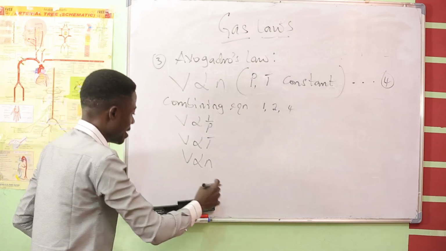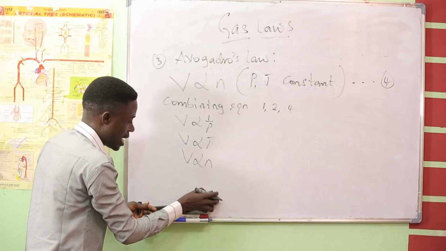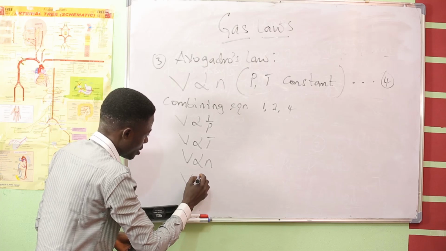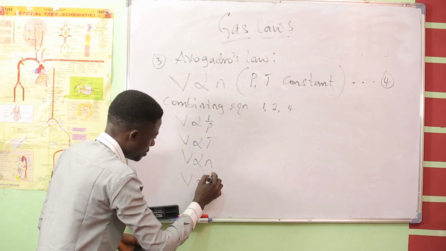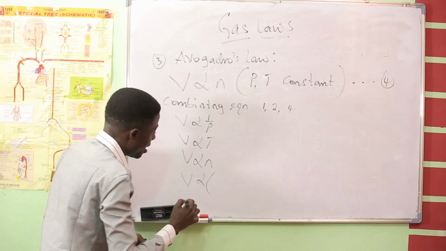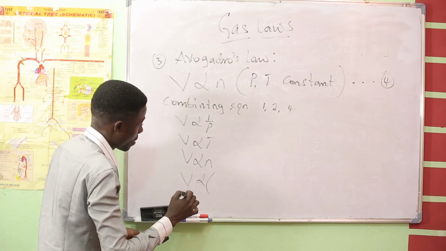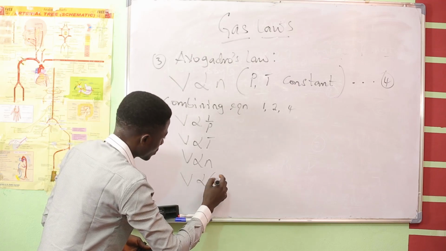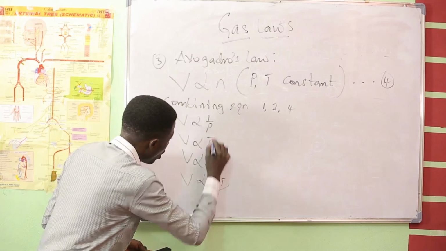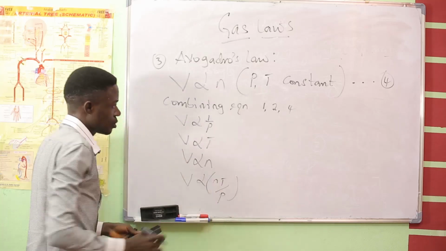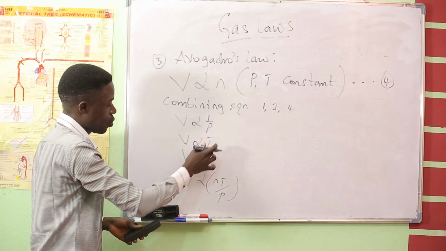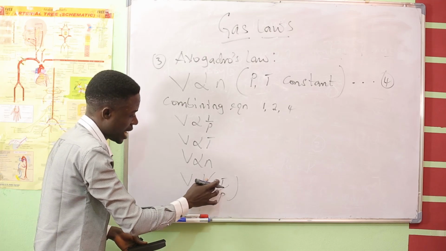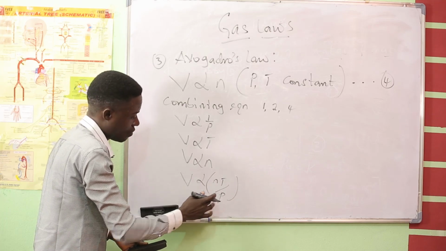Can we say at this point that V varies directly with NT over P? So combining equations 1, 2, and 4, we have this: V varies directly with NT over P.